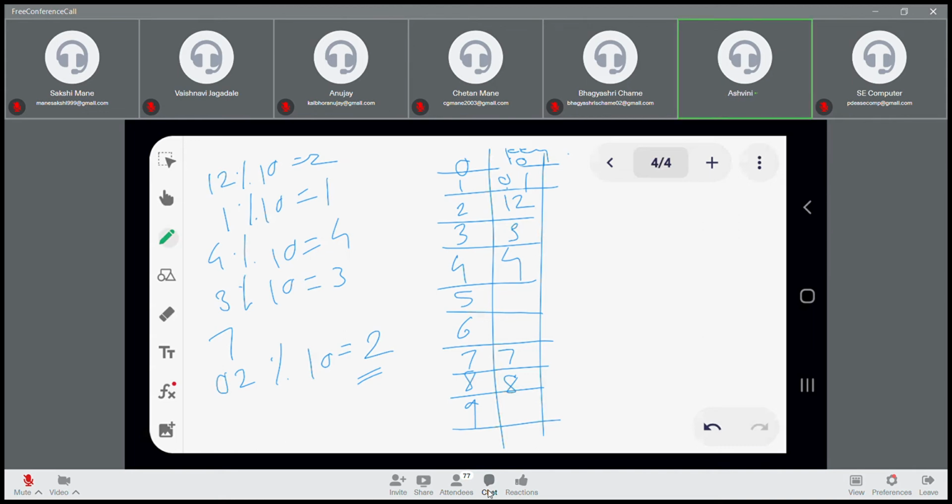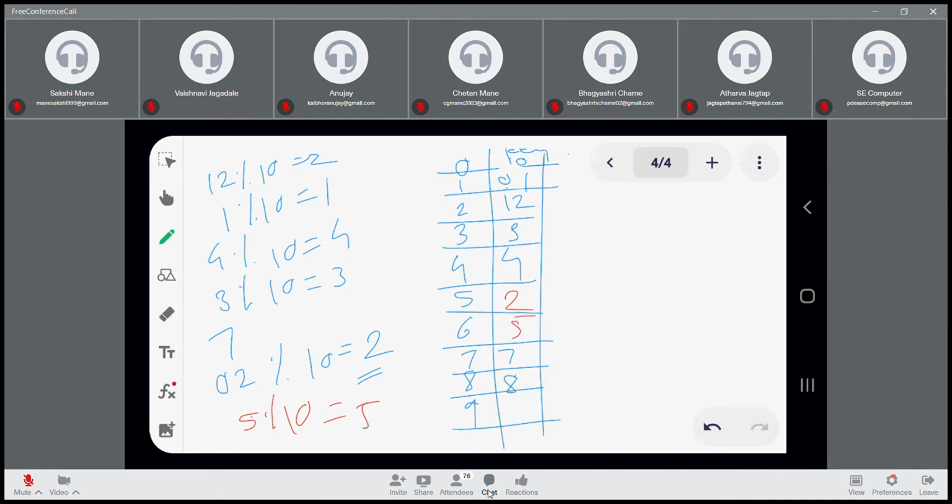Correct. So I am going to place 2 at index 5. Next is 5. Now 5 mod 10 is again 5, but 5 is not empty. We have already placed 2 at index 5. So the next empty position is 6. So place 5 at index 6.